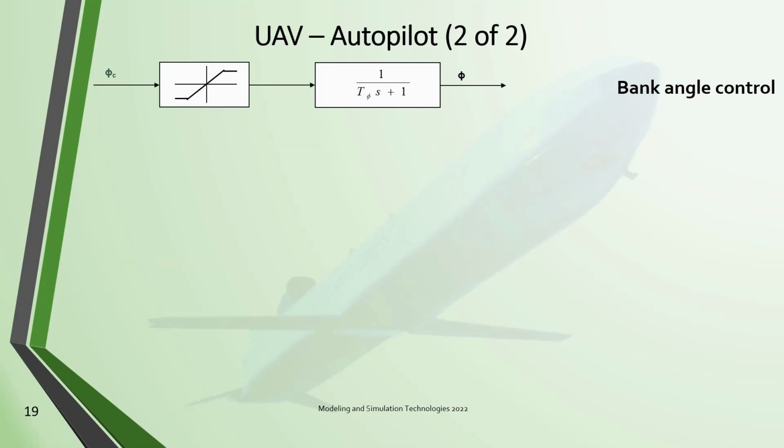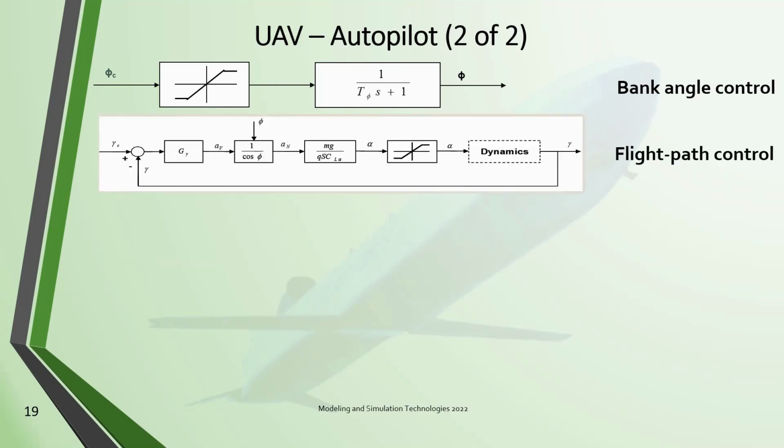The command comes in from the left side, is limited, and then sent through a lag, which represents the inertial lag of the autopilot to turn the UAV, and out goes the bank angle. Then we have the flight path control.